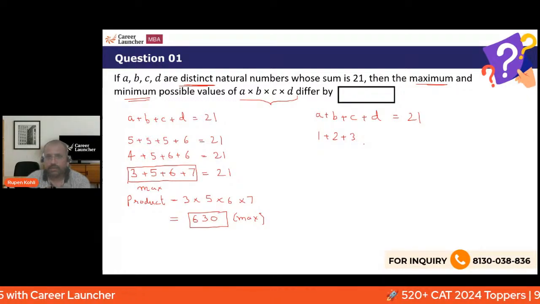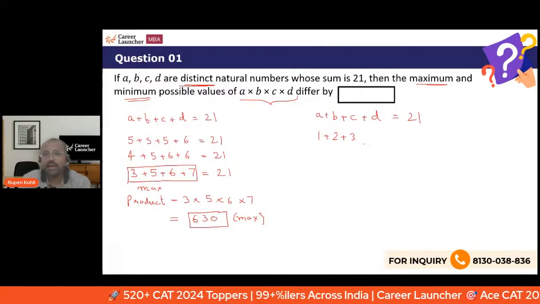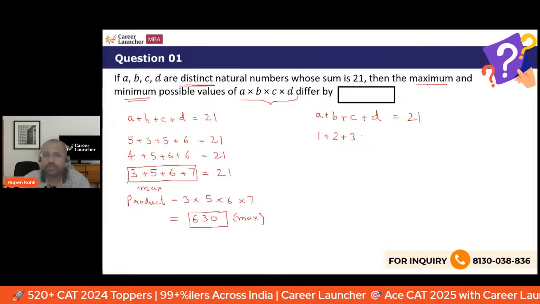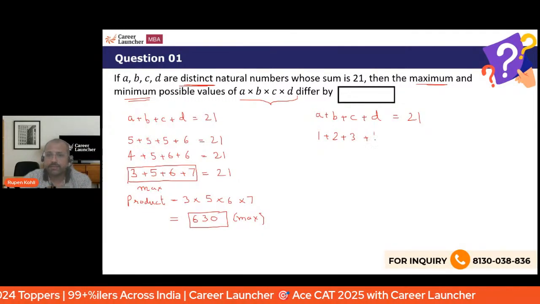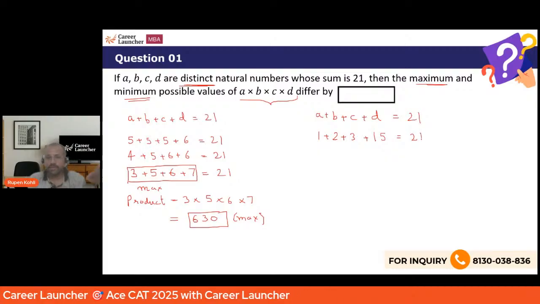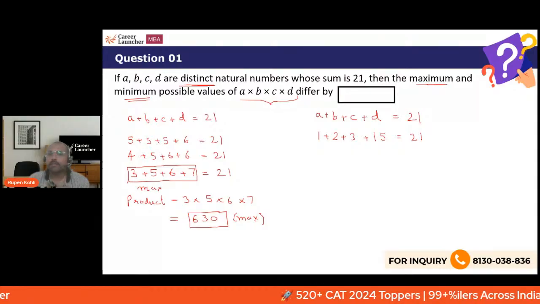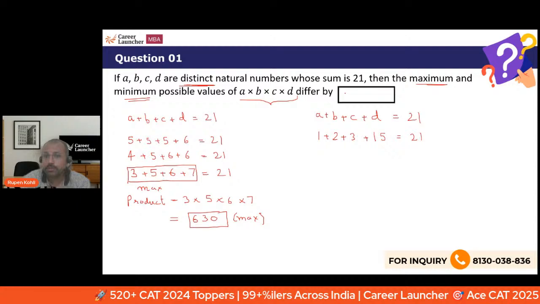So this accounts for a sum of 6 in these three numbers. Then the fourth number can be kept as the remaining value, which is 21 minus 6, 15, right? This seems to be the most optimum way that the numbers are as far away from each other as possible, right? So therefore, for this, the least product will be obtained.